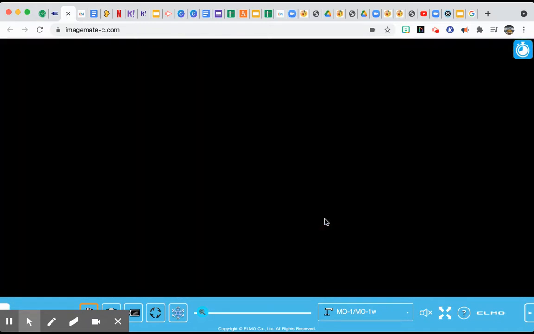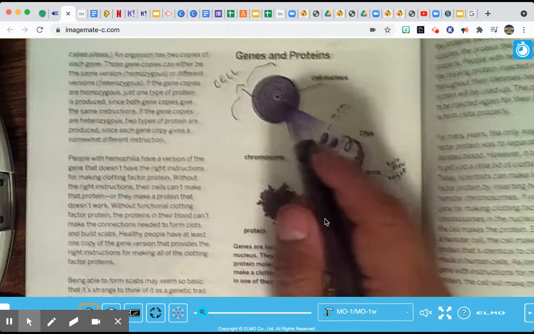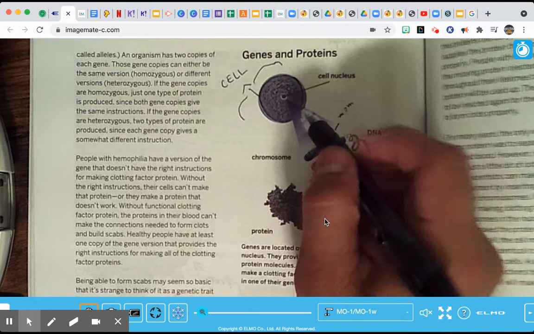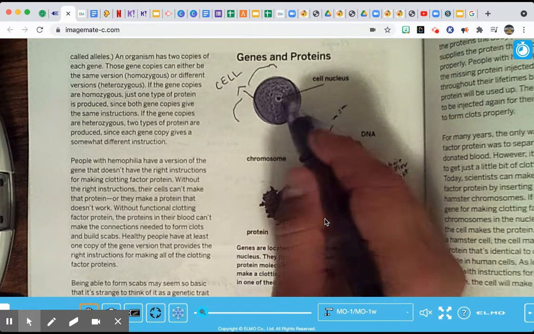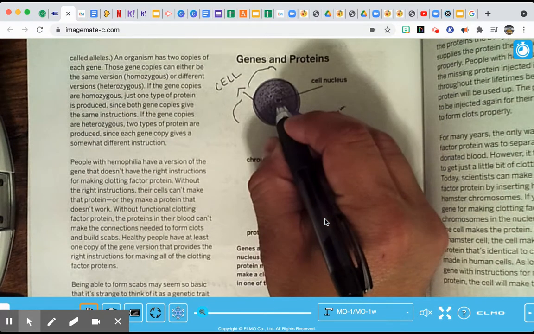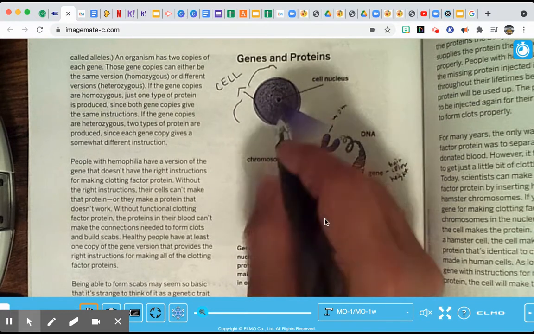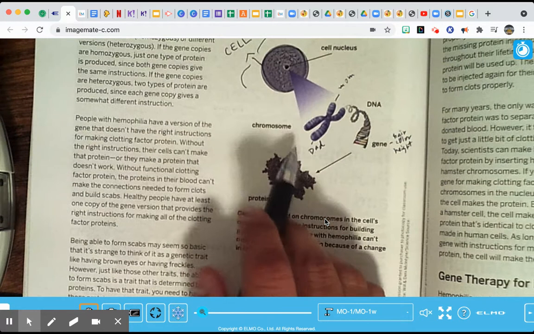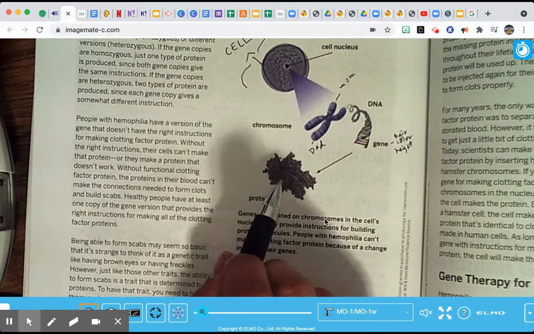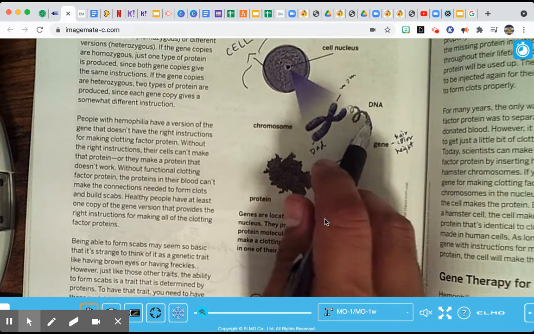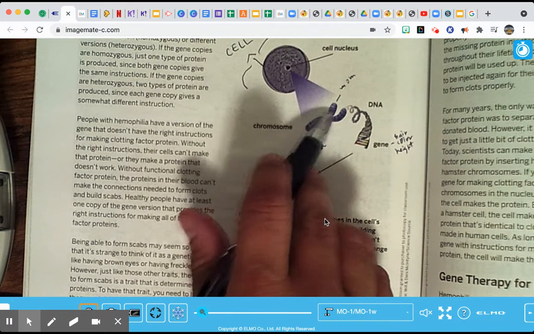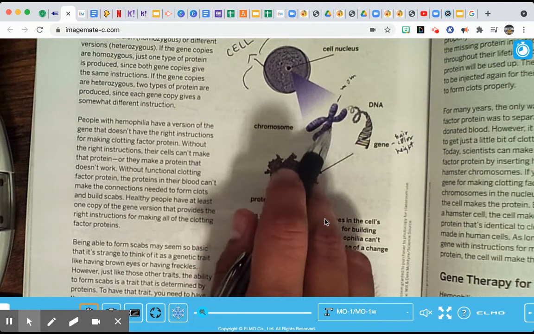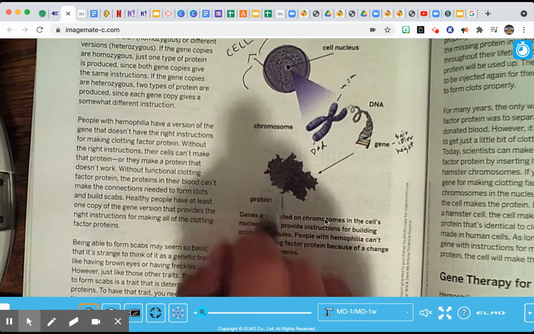More pictures. Awesome. More pictures. So we have genes and proteins. We discussed this before. So this is a cell. And this is the nucleus. This little dot that you see there. And we have chromosomes. You can have chromosomes from your mother, chromosomes from your father, and they're intertwined.